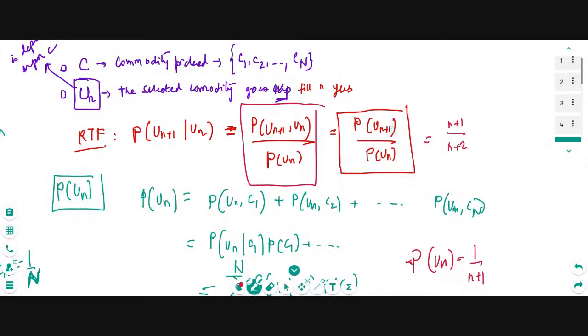So U_(n+1) means the selected commodity will go up till n plus 1 years. So it's the probability that the selected commodity will go up till n plus 1 years and will go up till n years. The event of going up for n plus 1 years implies U_n, and it's an 'and'. So U_(n+1) intersection U_n is equal to U_(n+1). That's why it's this, Dibbangana. I hope it's clear now.